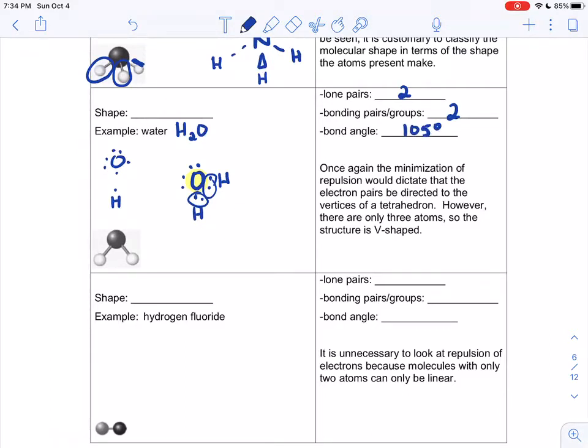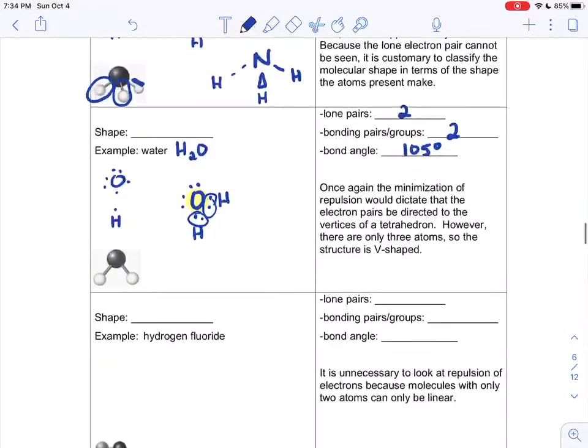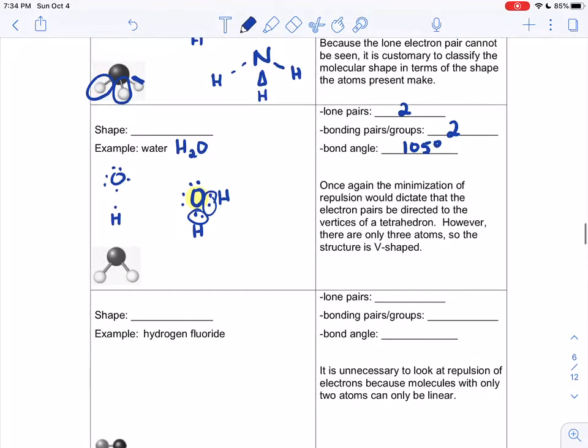So again, you don't have to memorize those numbers. They just help illustrate why we don't draw things at 90-degree angles. And for this one, if I were to draw it, here's my oxygen, and here's one hydrogen, and here's another hydrogen. Do you notice here that I've got more distance than 90 degrees? Because it's 105 degrees, it's actually a little bit bigger.